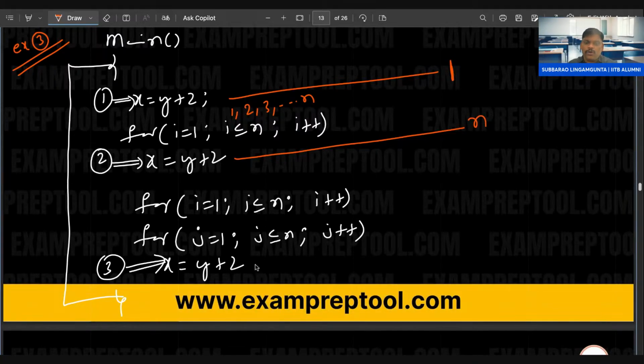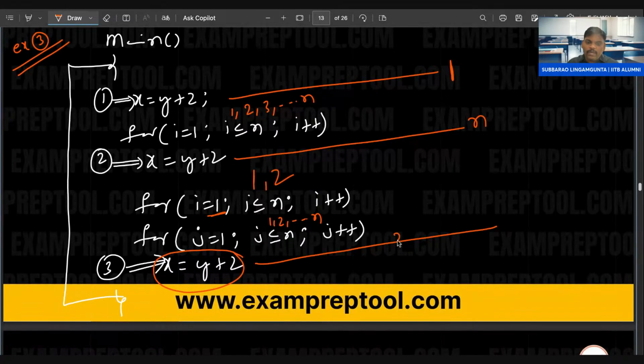If you see the third statement, for each i value, j will execute n times. For i value 1, this will execute n times. I value 2, this will execute n times, because for each i value j is also running. I value 1, j will execute 1, 2, 3 and so on up to n. I value 2, j will execute 1, 2, 3 and so on up to n.